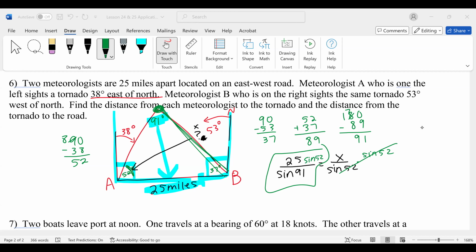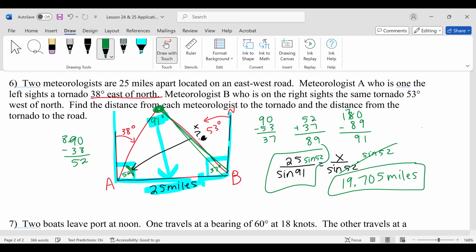And you're going to get 19.705 miles. So this is how far, or the distance, that meteorologist B is from the tornado. Okay, and if you want to find the other side, do law of sines again.